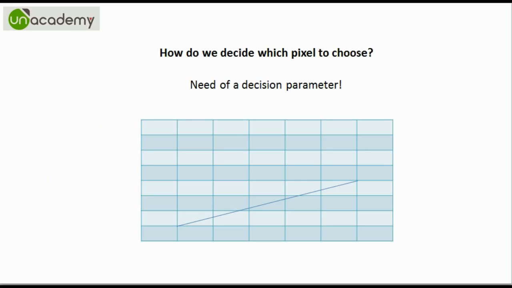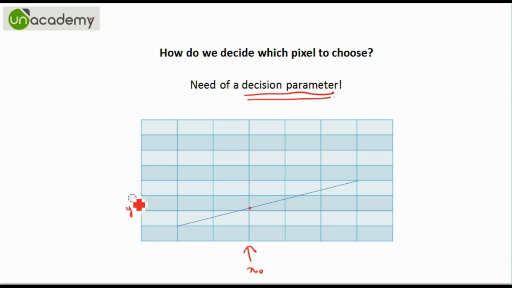So how do we decide which pixel to choose? We need a decision parameter, a reliable parameter that makes the decision for us automatically for the computer to select this pixel at this position. So to explain what a decision parameter is, let us carefully examine this line at this x coordinate, say x0, and this point right here.